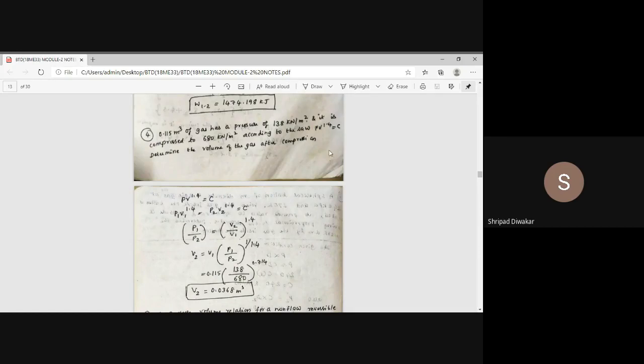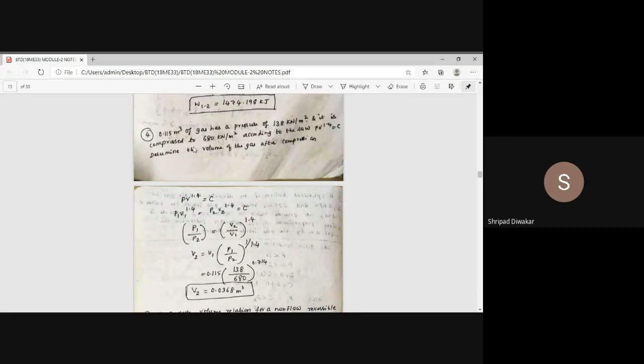You remember there are two terms, one is expansion and another is compression. In case of compression, the pressure increases, as in 138 to 680, and in case of an expansion process, pressure decreases. The pressure of 138 kilonewton per meter square is P1.